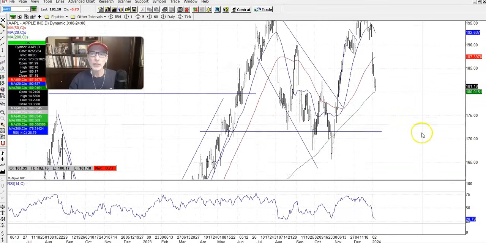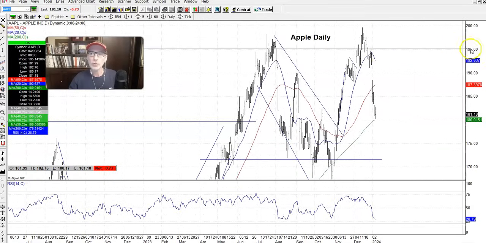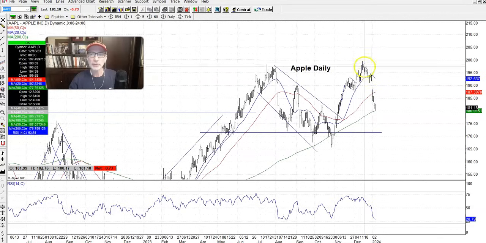So if you're looking to get long Apple, this is one of your higher probability setups. It's fallen all the way down to the 200-day moving average. And I think that could be a great place to potentially dip your toes. If you want to get bullish Apple, you dip your toes in and wait to see if the bounce occurs.